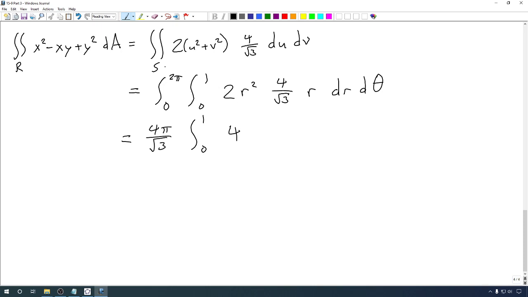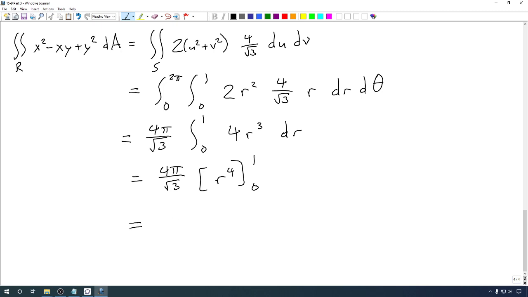Technically, we had a 2, and a 4. I left part of it inside because I've got r cubed. And r cubed is going to be very nice with that 4 there. This becomes r to the 4th. Going from 0 to 1.